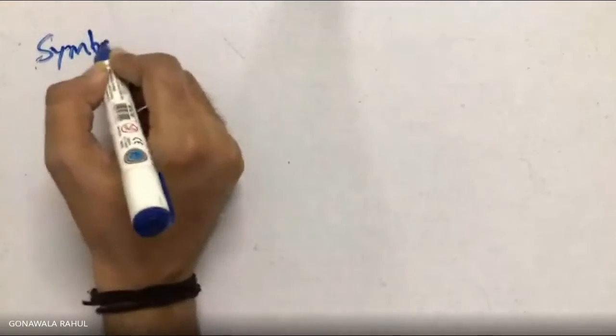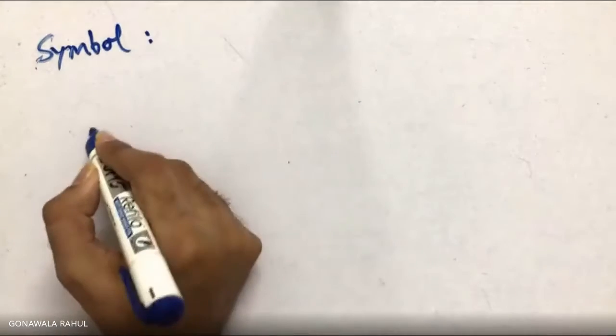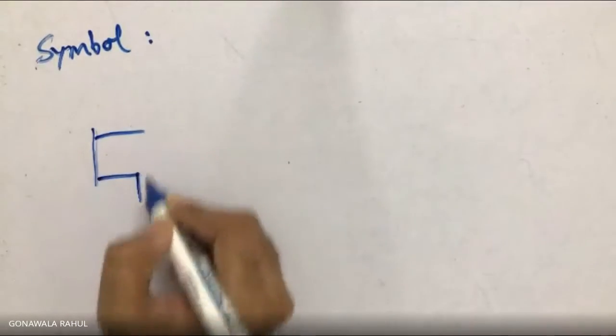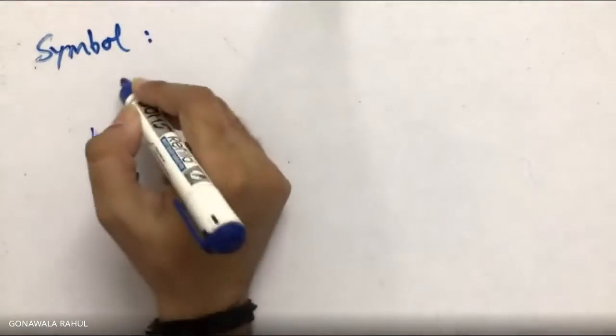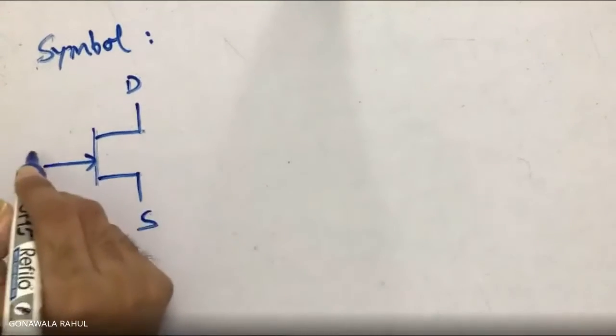So symbols of JFET. Just like for BJT, we have a symbol like this. Similarly for JFET, the symbol will be simple. This will be our drain, this will be source, and this will be gate.